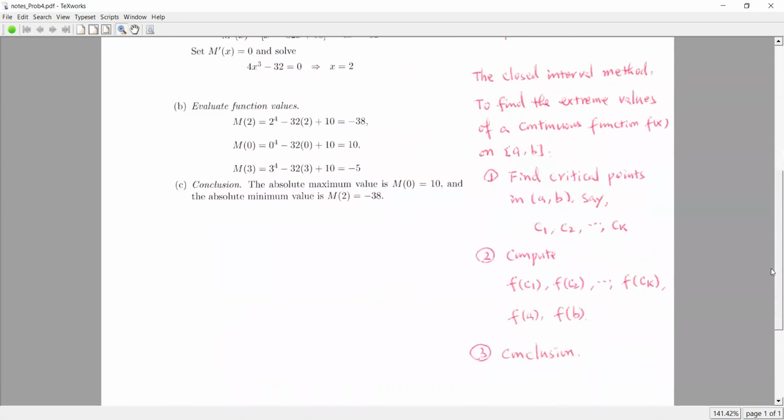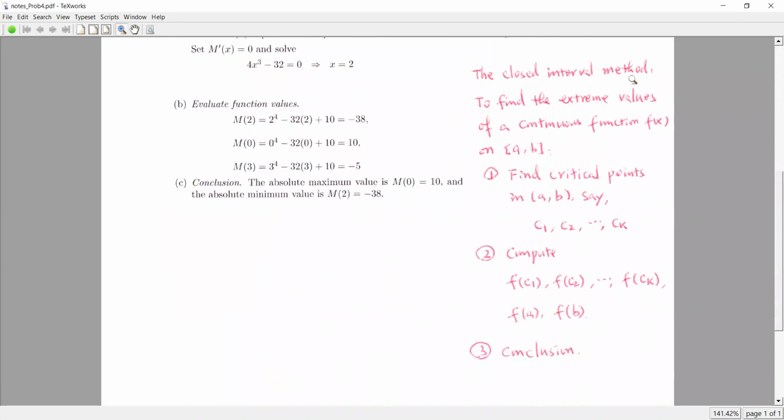Take a review about the closed interval method. To find the extreme values of a continuous function on a closed interval, 3 steps. Step 1, find all the critical points between A and B, or inside this open interval. Suppose we have K critical points.